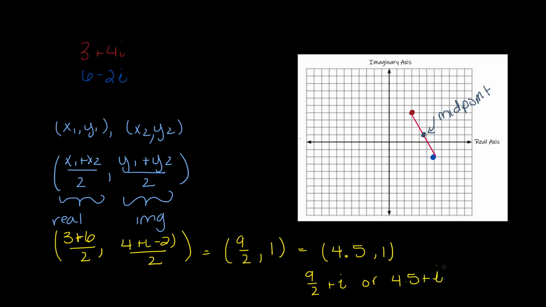So the second way we could look at the midpoint is by taking the average. We're going to hide that graph for a second. I'm looking at 3 plus 4i, and the second point is 6 minus 2i.